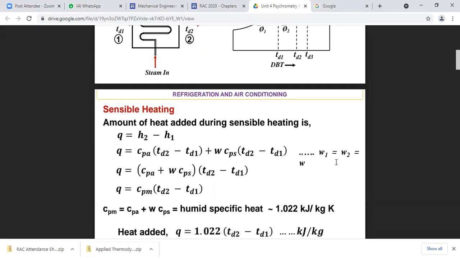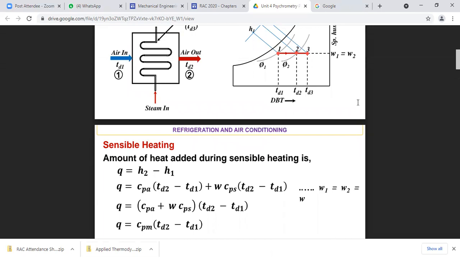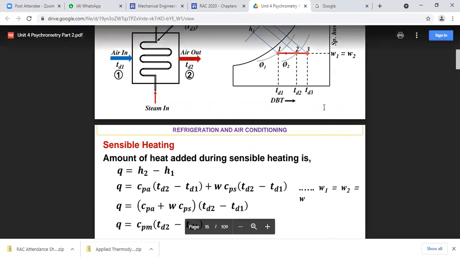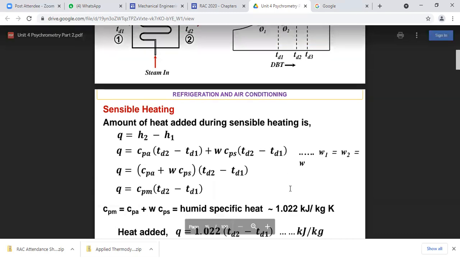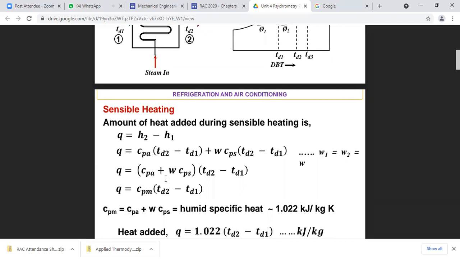So W1 is equal to W2, that is equal to W, because the specific humidity is equal over here. So we are writing Q is equal to (CPA plus W into CPS) into the common factor (TD2 minus TD1).